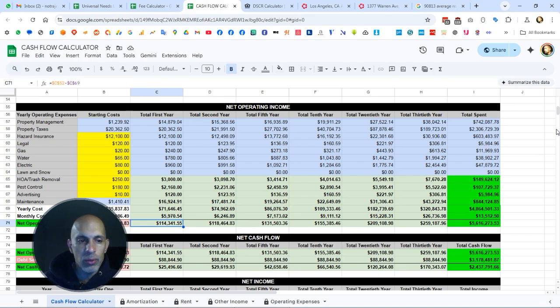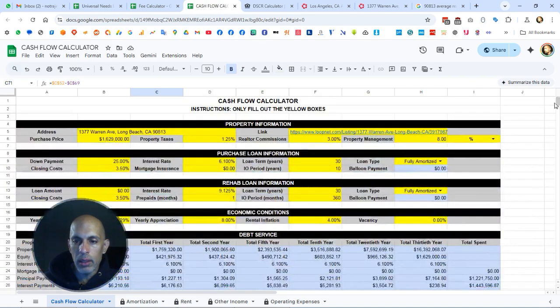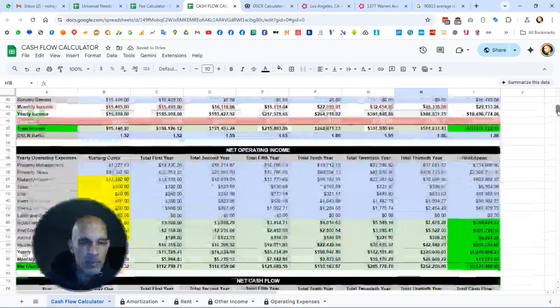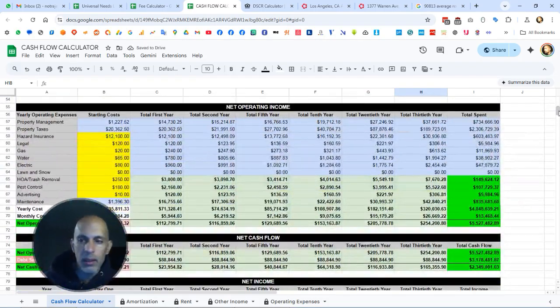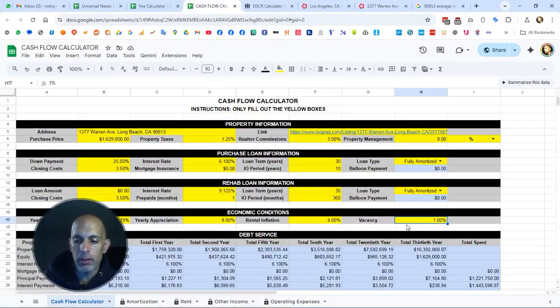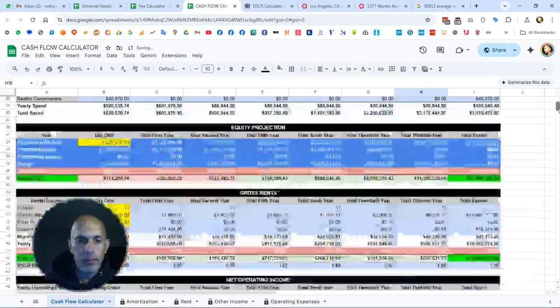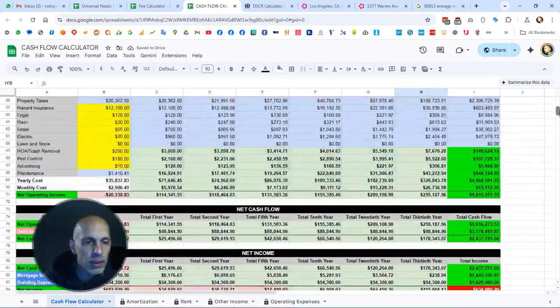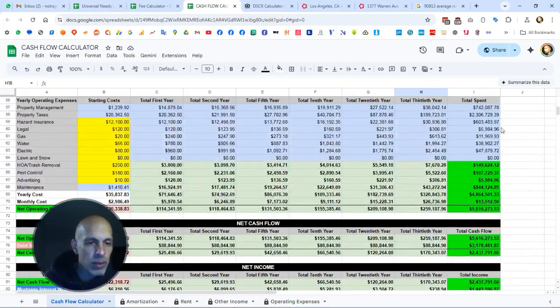What I'm going to do is calculate some vacancies into here. So let's see if I go 1% vacancy. That drops it by almost $2,000. We're down to $112,000 just at a 1% vacancy. So we've got to subtract $200.